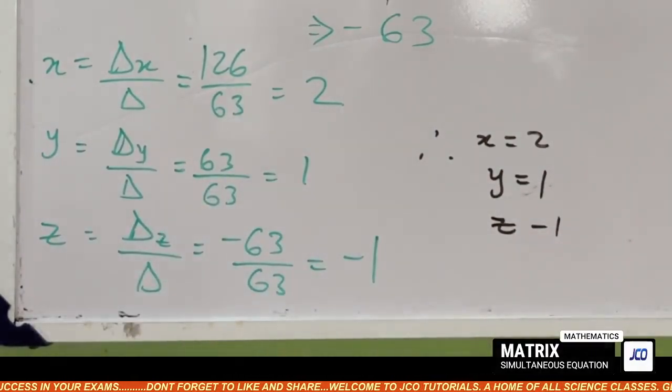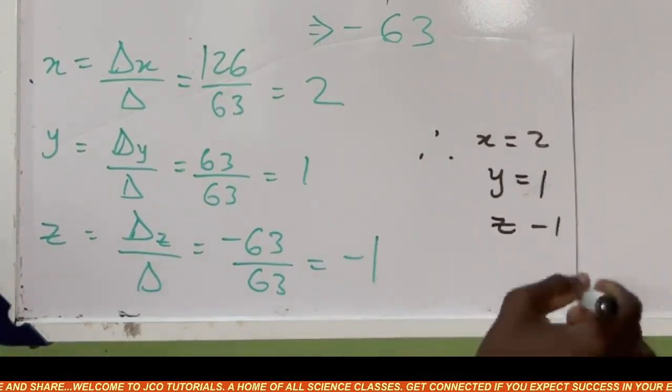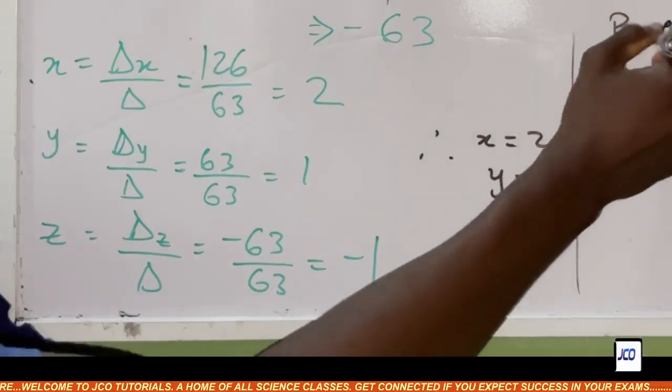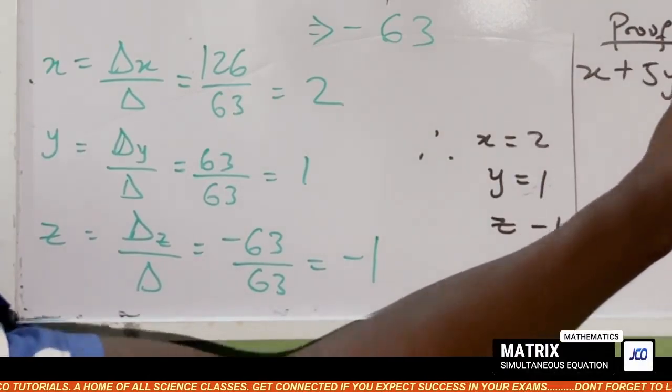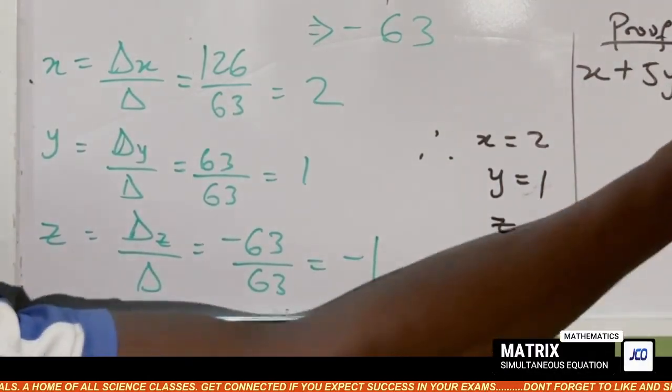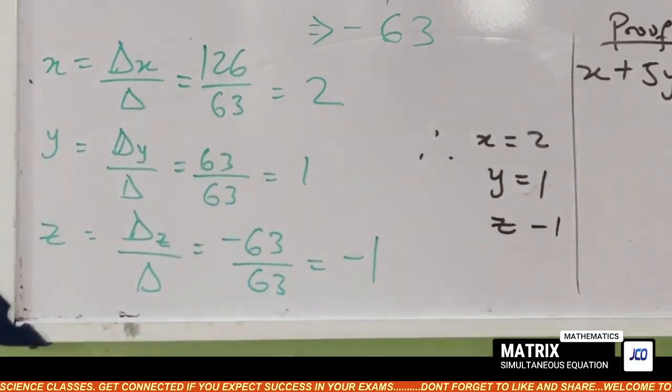Can we prove if these answers are correct? Yes, we can prove. Let's take the first equation, which is x plus 5y minus z. First equation says x plus 5y minus z gives you what? 8. What is your x? Your x is 2. What is your y?